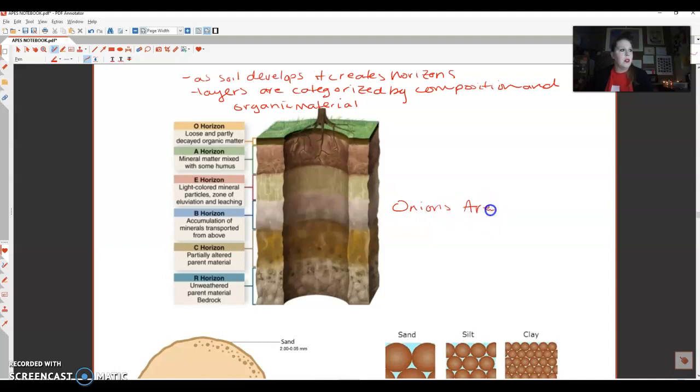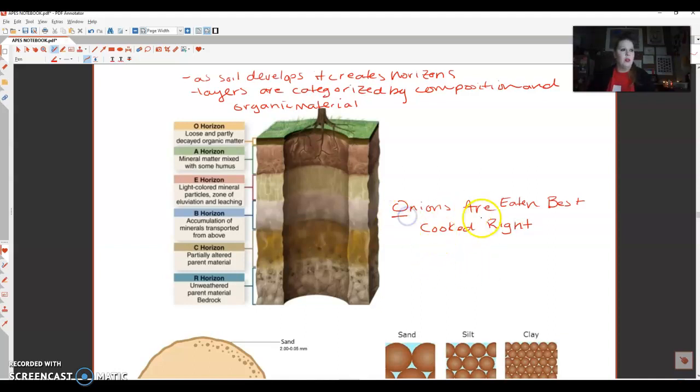Onions are eaten best cooked right. Okay, onions are eaten best cooked right.